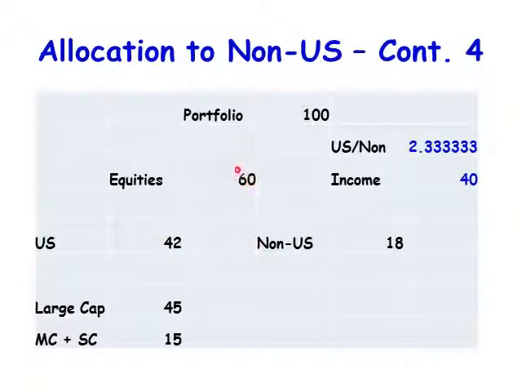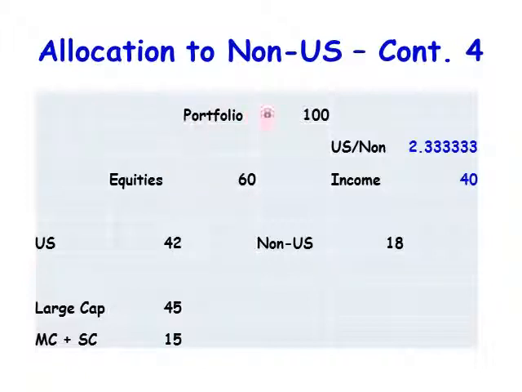So 70% of 60 is 42, and 30% non-US is 30% of 60, which is 18 here. And large cap to mid cap plus small cap is a ratio of 3 to 1, and the total is 60 of the equities, and 3/4 is large cap, which is 45. So 75% of 60 is 45 here, and 25% of 60 is 15 here.